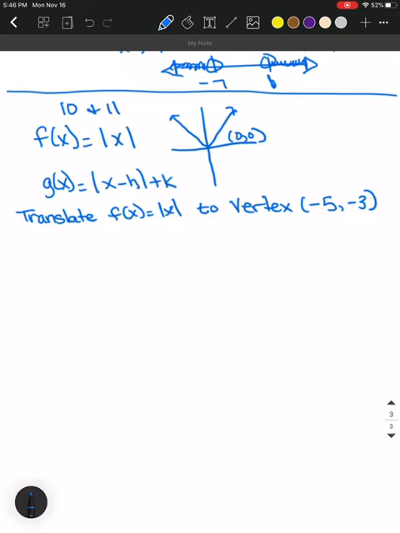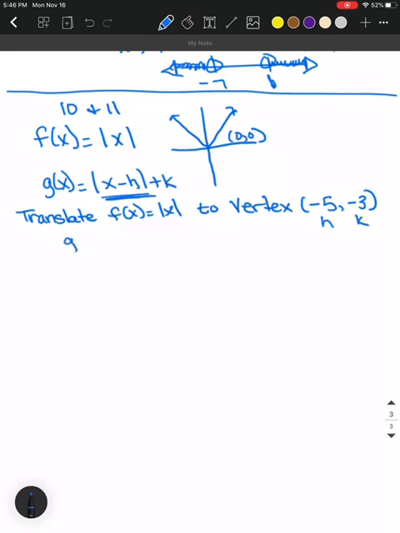Okay, so I need to put this point into this vertex formula. So keep in mind that this is my h and this is my k, and all I'm going to do is plug it into that formula.